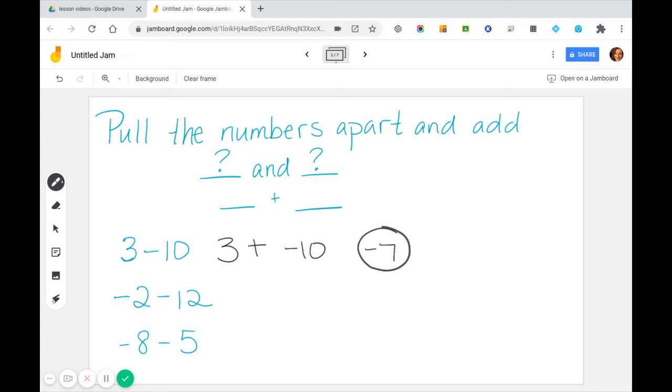Negative 2 minus 12. I see a negative 2, so I'm going to write that down. And I'm going to put a plus sign when I say and. I also see after that a negative 12, that minus 12. Negative 2 and negative 12, altogether I have negative 14. The last one on this page, I see a negative 8, so I'm going to write down the negative 8.